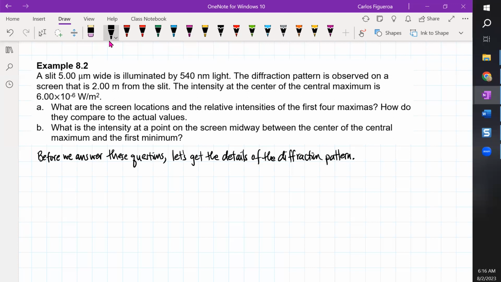So as usual, we start with the diffraction parameter.